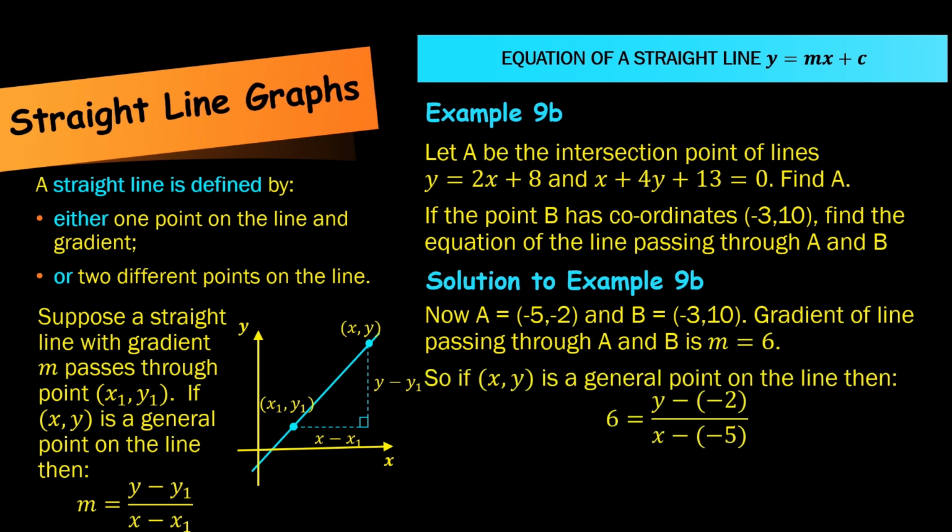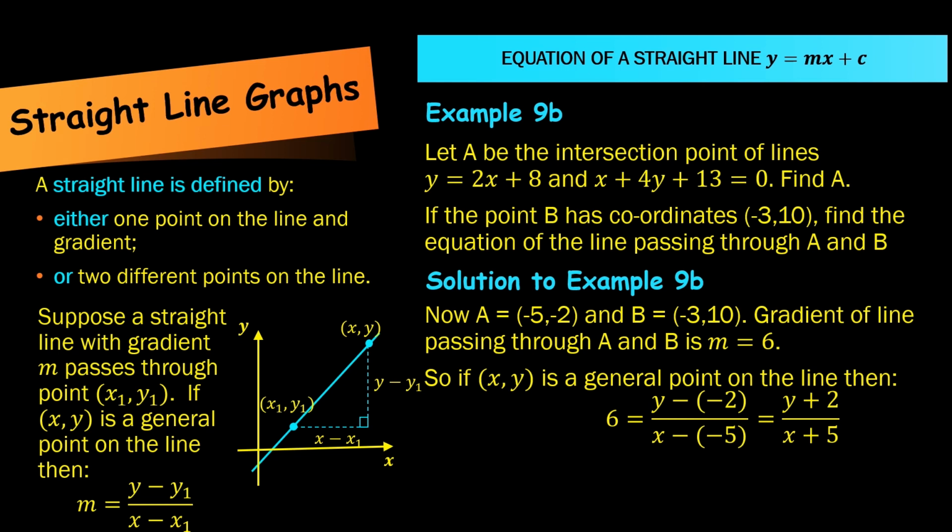So if (x, y) is a general point on the line, then 6 equals y minus minus 2 over x minus minus 5. Tidying up gives us (y plus 2) all over (x plus 5).